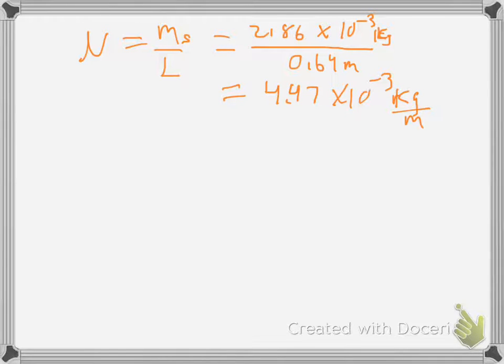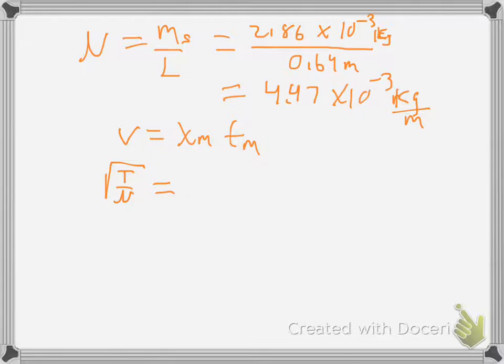Now we can find the tension. For this, I'm going to start once again from the wave equation, which remember is this: the velocity of the wave times the wavelength of the mode and the frequency of the mode. Since we're talking about a string, the velocity is the square root of tension over our linear density.